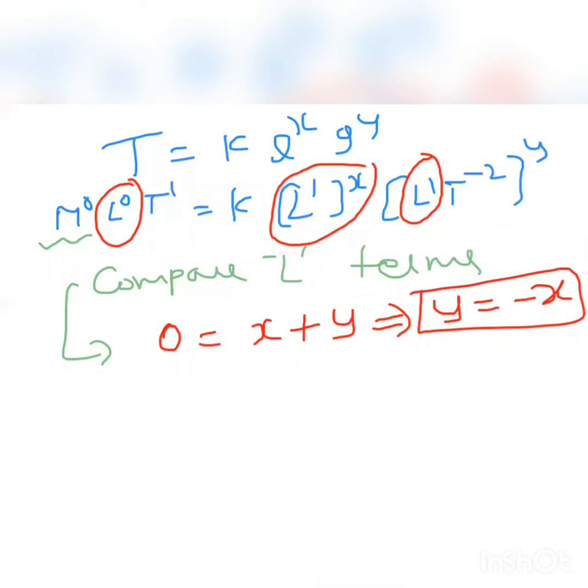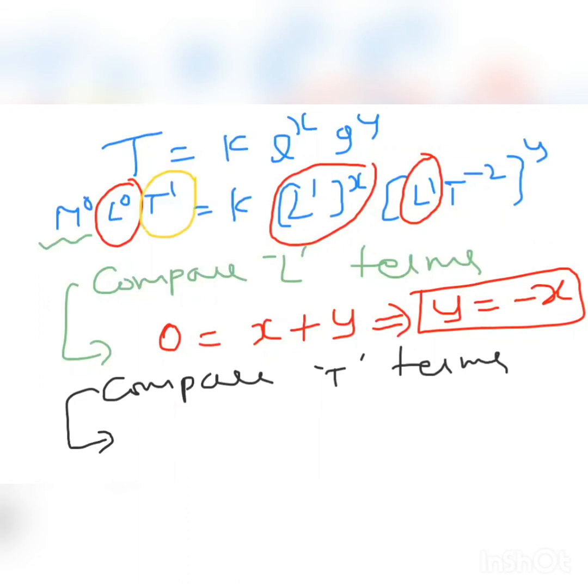Now, my next step is to compare T terms. When you are comparing T terms, what is happening here? Observe carefully. What are the T terms?